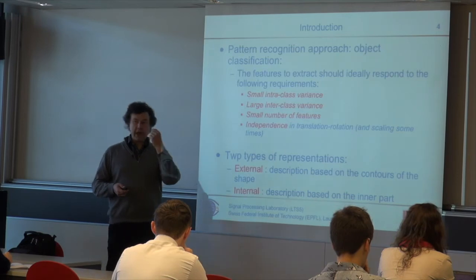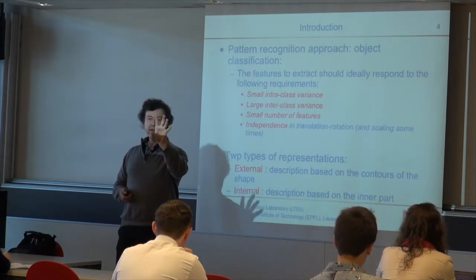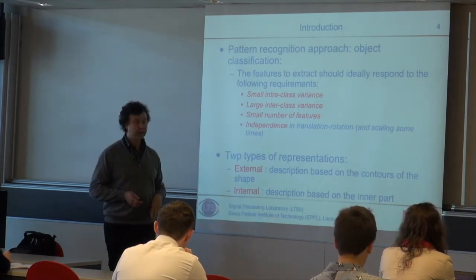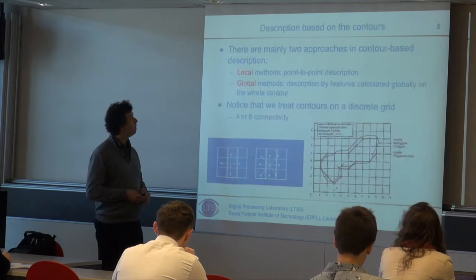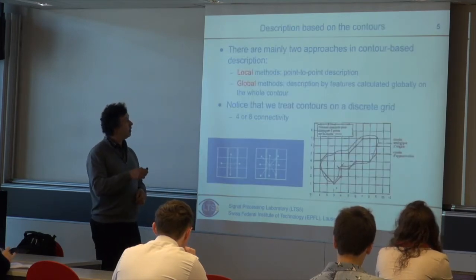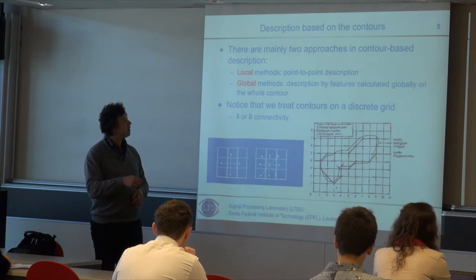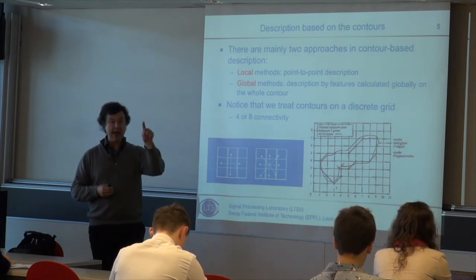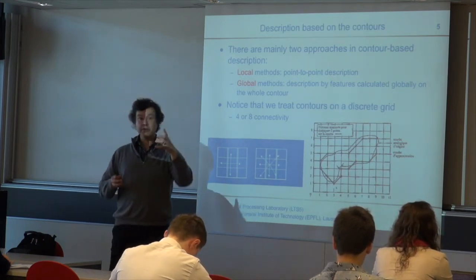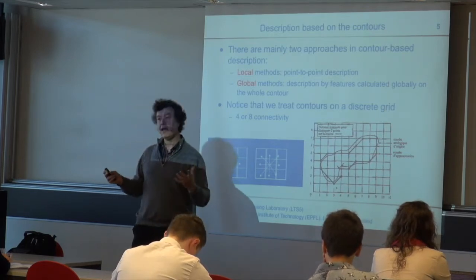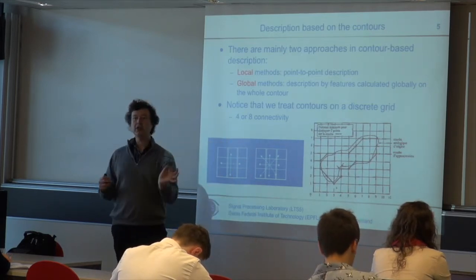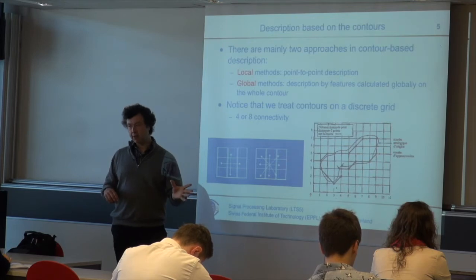So I want to describe the shape of an object, and I have the object as a binary image. Let's see the very first one. The very first ones are those based on the contours. I have the contour of my object, which obviously describes my shape. I can use the contour itself to recognize an object.